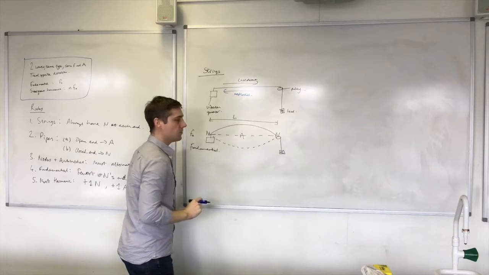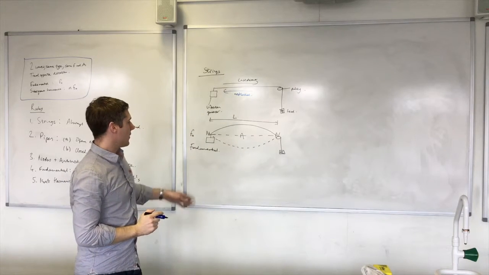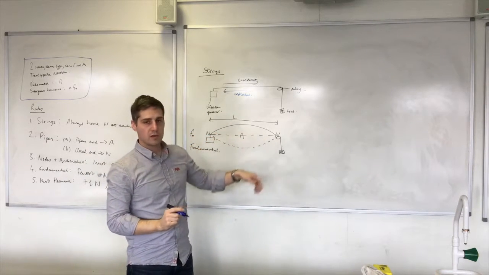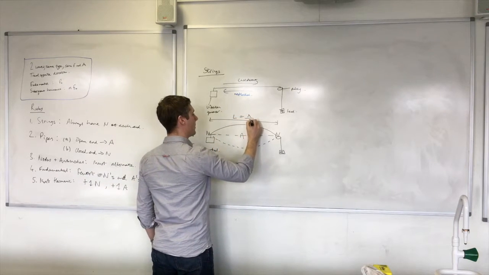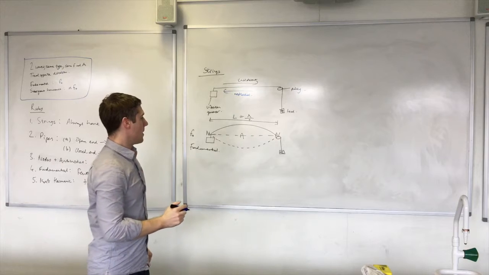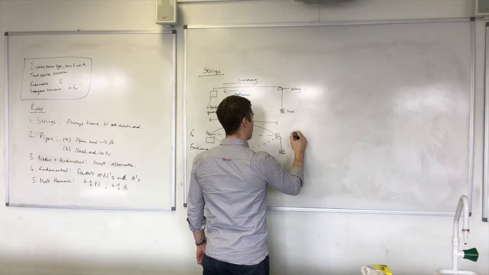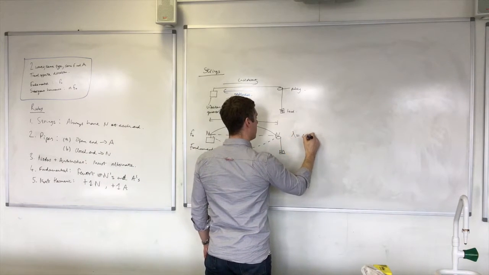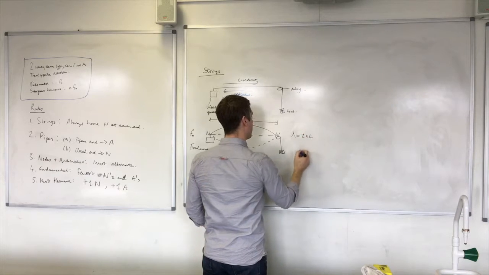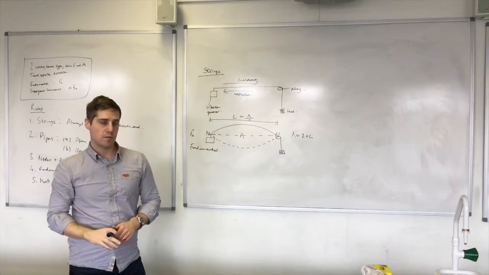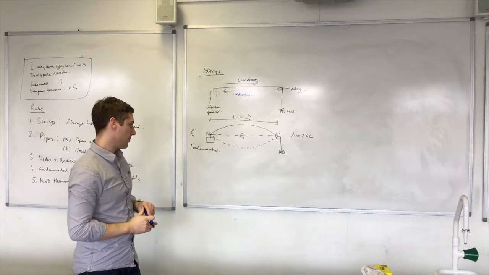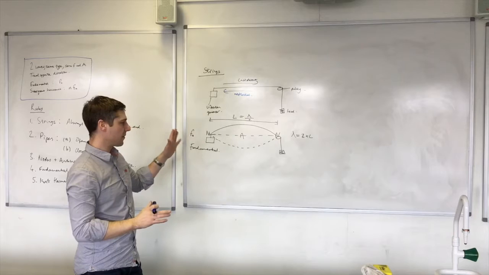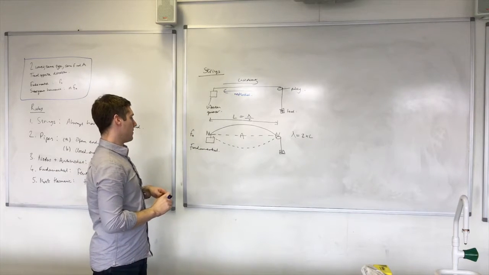So this is L, and you can see the distance between two nodes is half a wavelength, so that's equal to lambda over 2. The wavelength there is 2 times L. That L is half a wavelength, so to work out the full wavelength we need to multiply that by 2. Okay, so that's the fundamental.